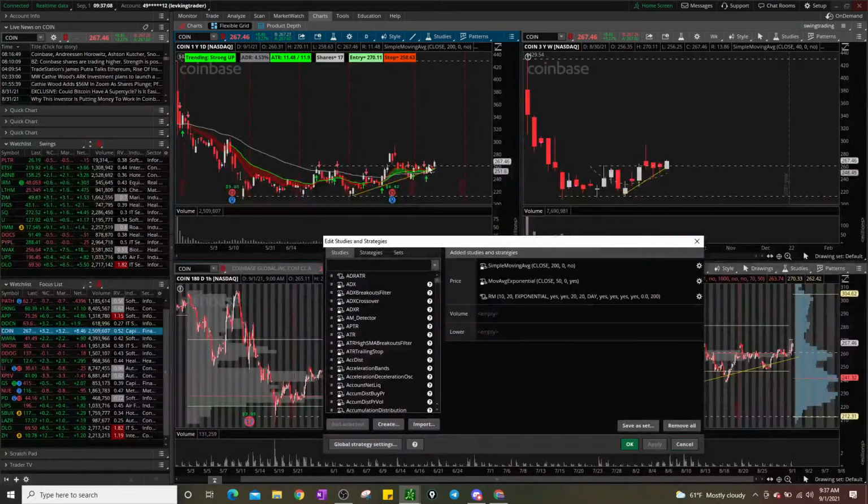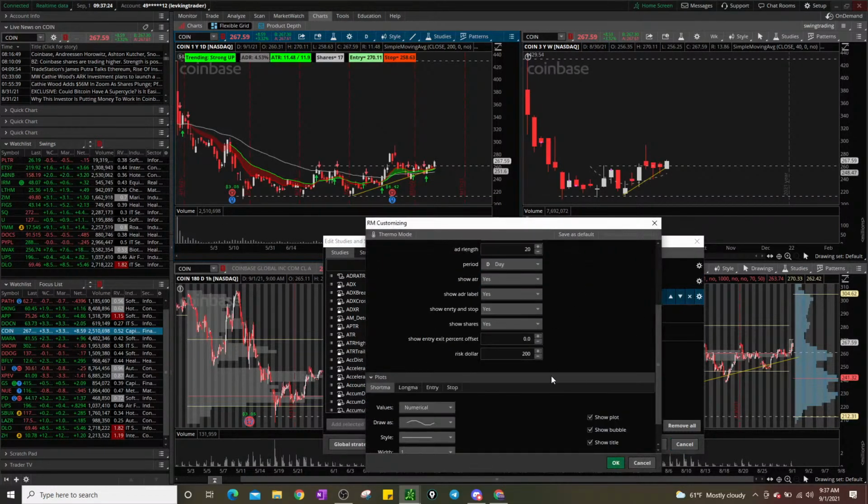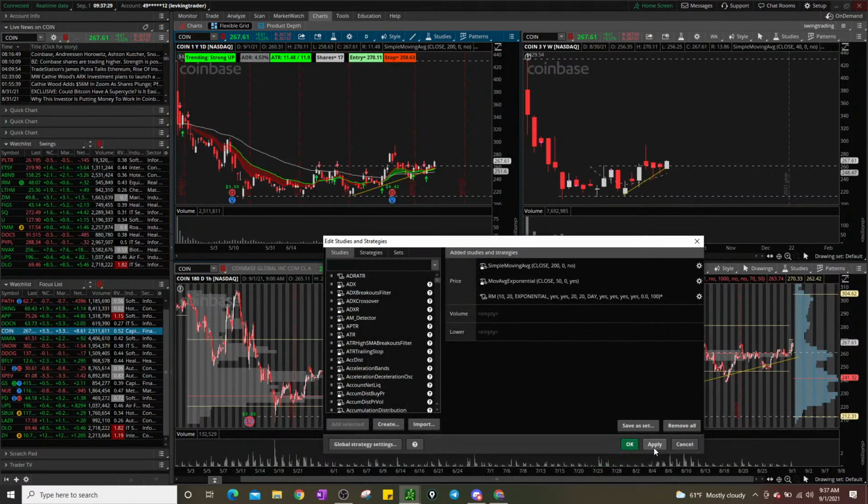With the stop at the low of the day, it gives you exactly how many shares you can buy, so you don't have to calculate, and it gives you exactly your entry, which is the high of the day, and the stop at the low of the day. You can play with that and give a bigger offset, right? You can have an offset, you can adjust. Here you go, we can put a $100 risk, and as you can see, it changes automatically. Only 9 shares you can buy at the current price with the stop at the low of the day for a potential move higher.